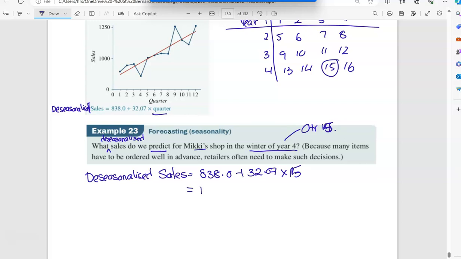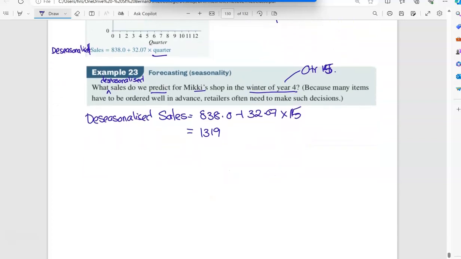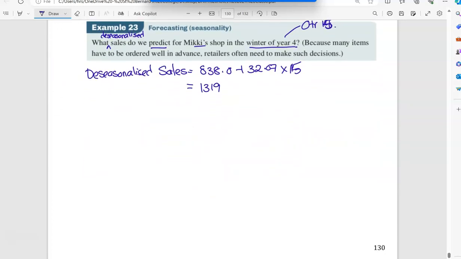Okay, so it ends up being 1319. And so there's that. So she can know that in the next year, she could predict, all right, I'm going to need in winter about 1319 of stock. It's to help her prepare, because stock might take a while to get in, or things are getting made, whatever she's doing there.